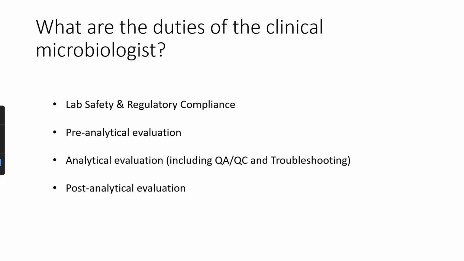Pre-analytical evaluation includes patient identifiers. You always want to have two or more patient identifiers on a specimen. You can't just say, oh, this is the name. If the name is like Bob Johnson, that's a very common name, and if there are two Bob Johnsons, you could mix up those patients. So we want at least one other identifier on there.